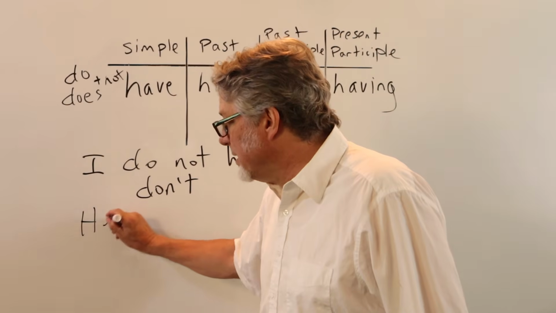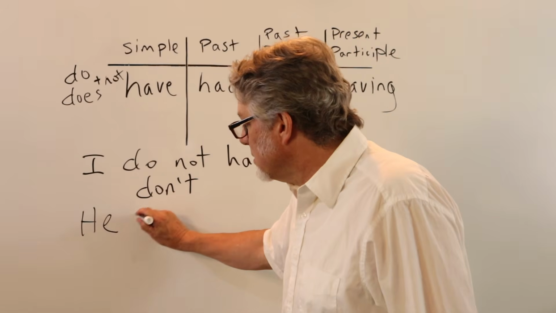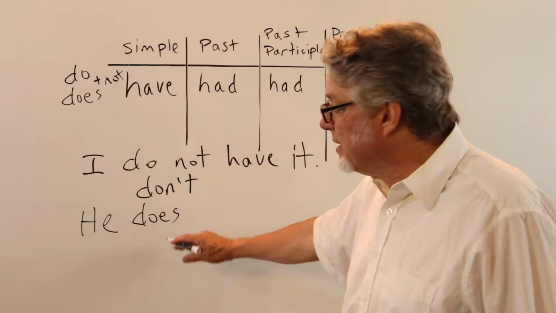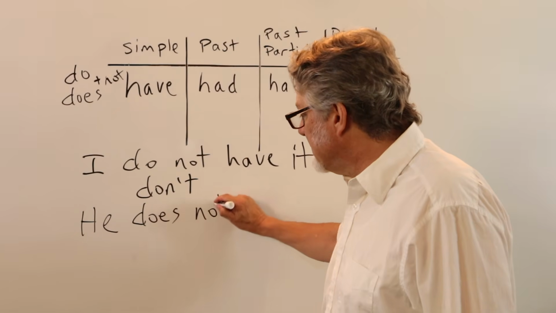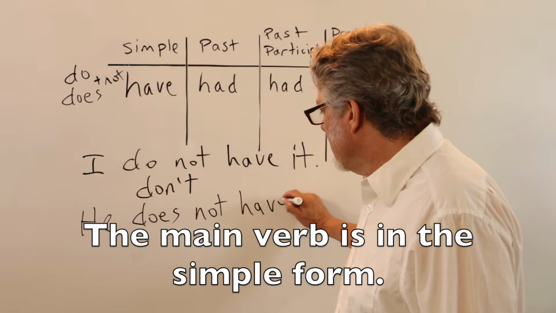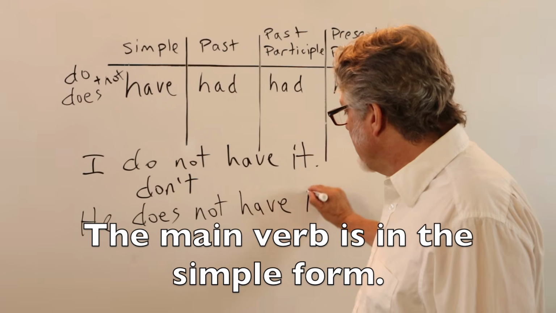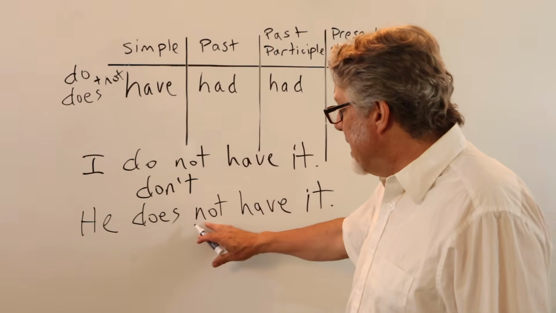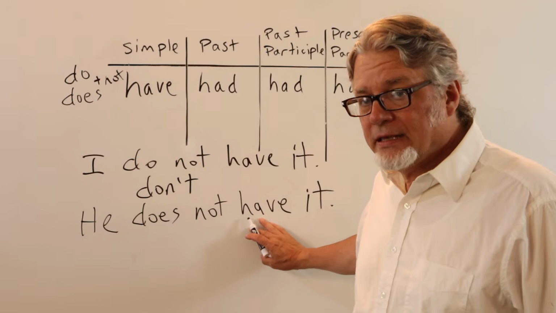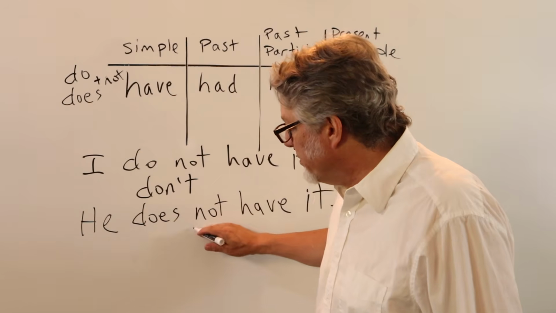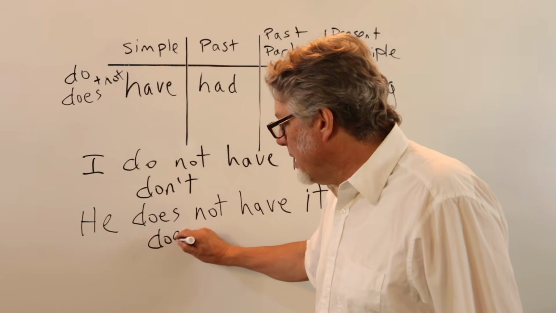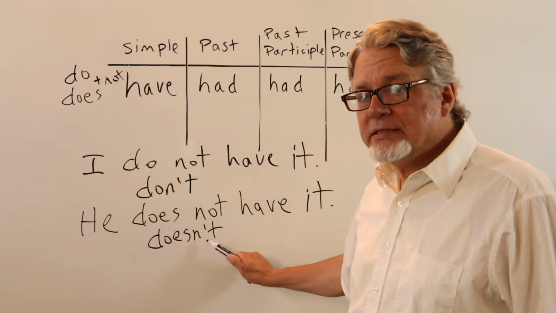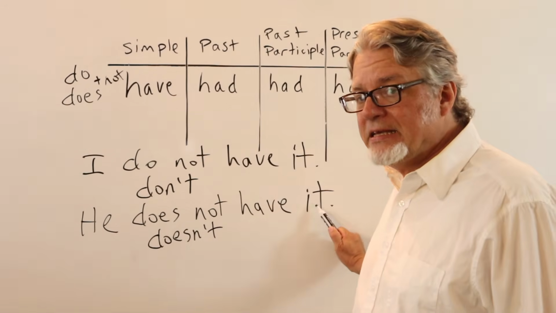If the subject is he, use does as the helping verb, then not, and then the main verb and something after it. He does not have it. If we put these two together, they form doesn't. He doesn't have it.